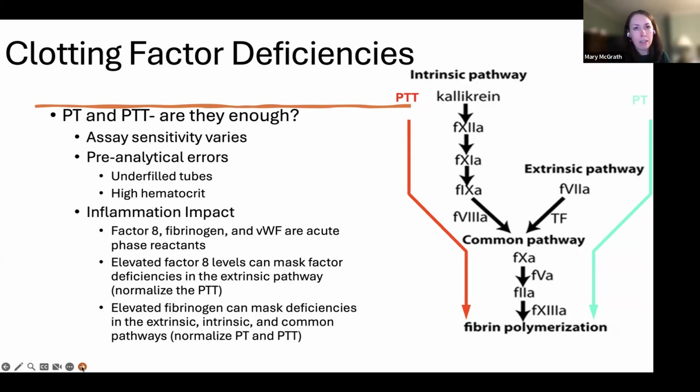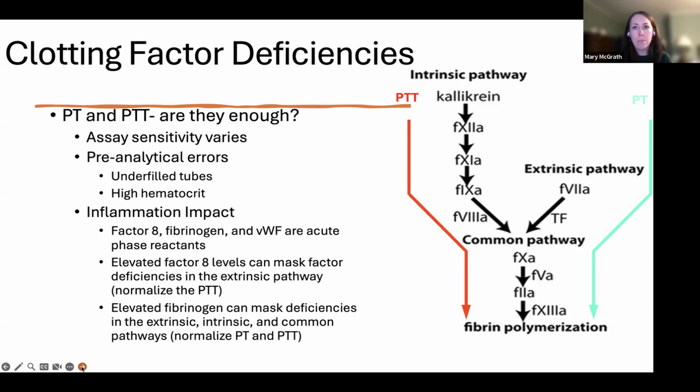Likewise, there are various lab errors that can occur. If you're underfilling tubes, that can alter the ratio of plasma to the citrate that's in the tube, which is there to prevent it from clotting. When you underfill the tubes, there is a relatively higher citrate concentration compared to plasma that can lead to falsely prolonged PTs and PTTs.